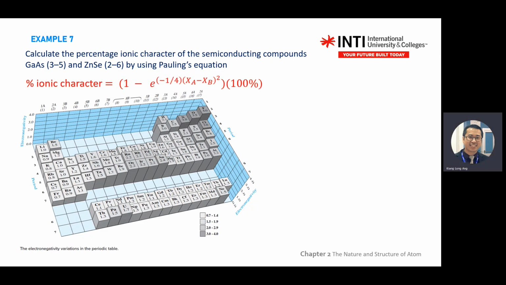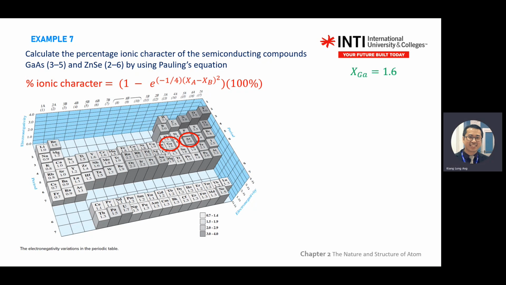For example, this is the formula, the Pauling equation. The first one is Ga. You go to this chart and it shows you 1.6. Then As is 2.0. You copy these two numbers and put them in the solution.